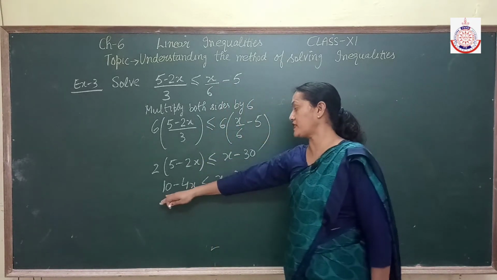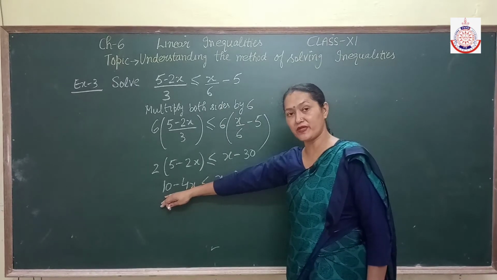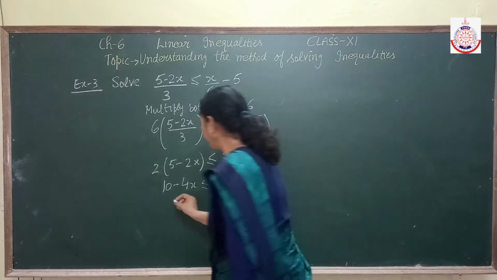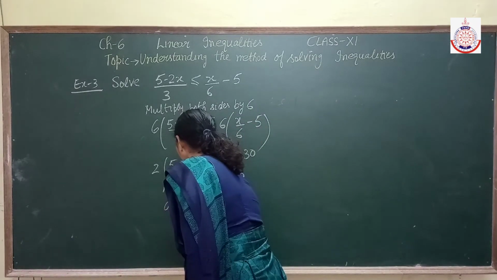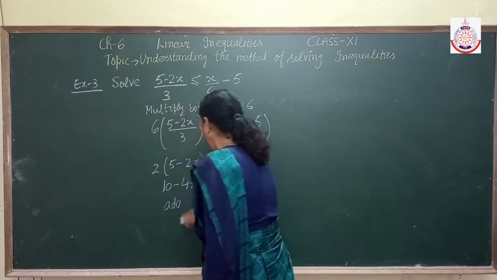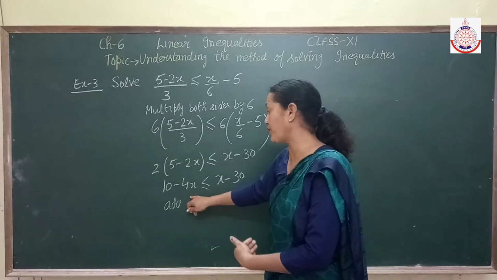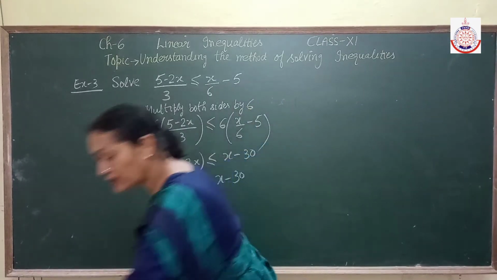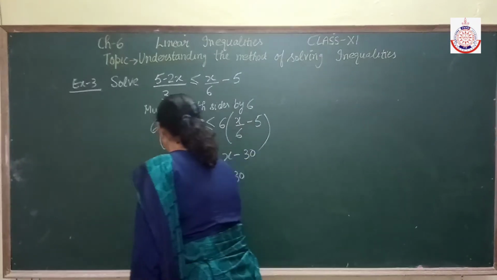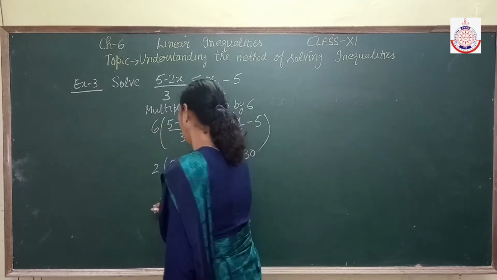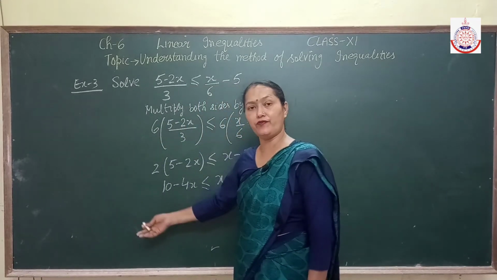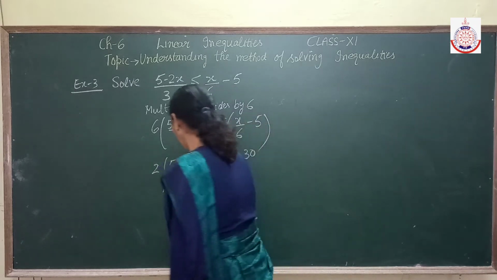Now we want to shift this 10 from this side, adding 10, or we can shift this minus 4x to that side also. Shifting means removing this 4x. For that, we can add 4x on both sides also. Either subtract 10, add 4x, whatever you want to take, you can do.